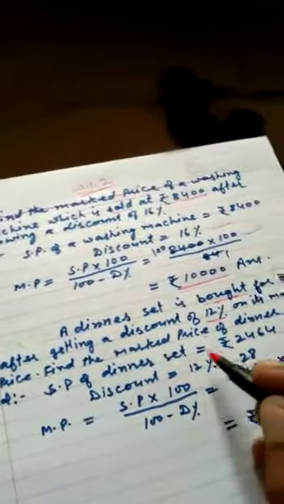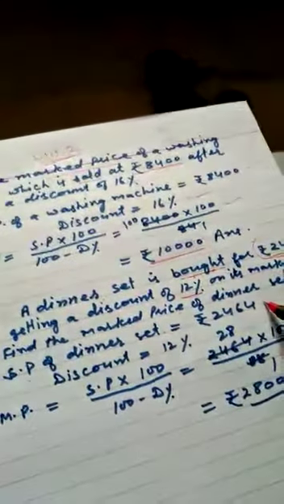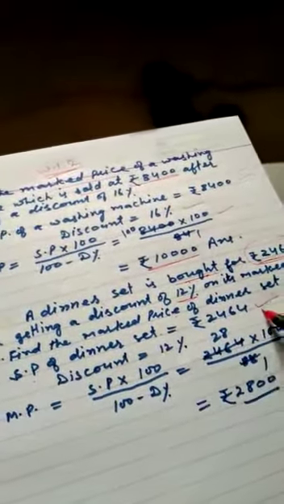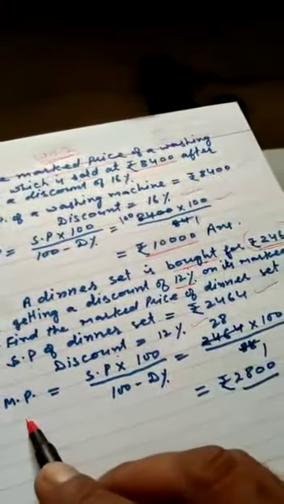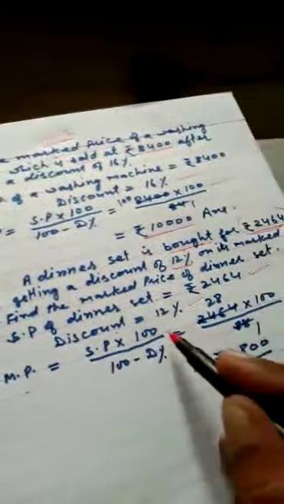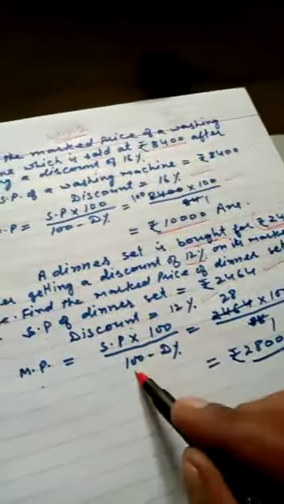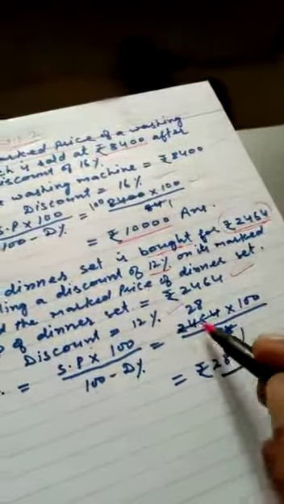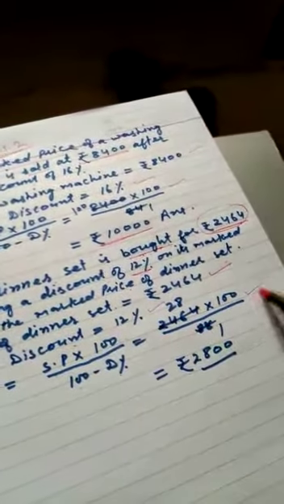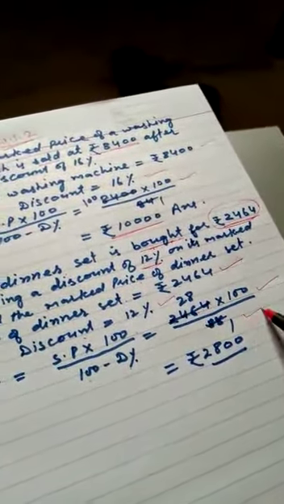Now selling price of the dinner set is rupees 2464, discount is 12%. MP is equal to SP multiplied by 100 upon (100 minus D percent), that is 2464 multiplied by 100 upon 88.